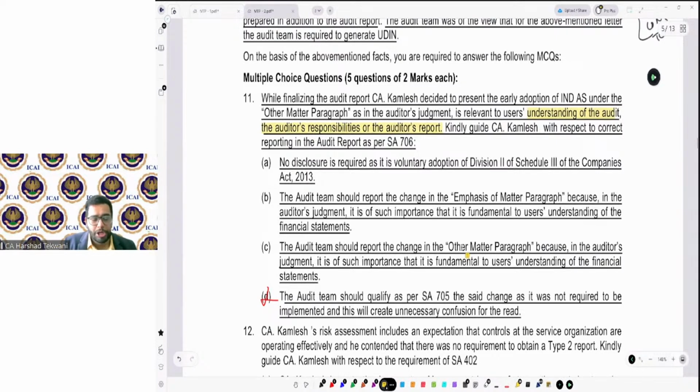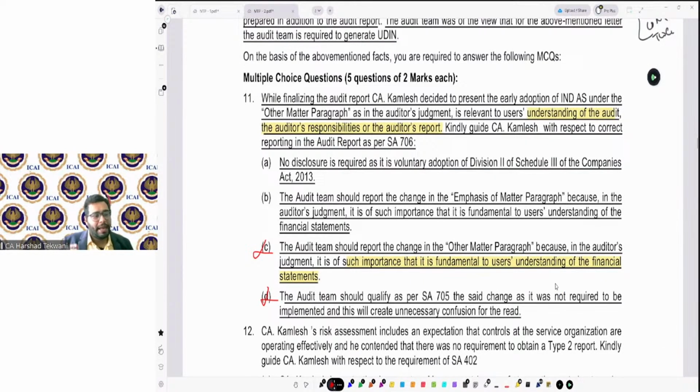But in the option, it is said that it is of such importance that it is fundamental to the user understanding of the financial statement. No, the other matter paragraph is not for the financial statement, but for the auditor's responsibility or audit report. Hence, I can say option C is incorrect.